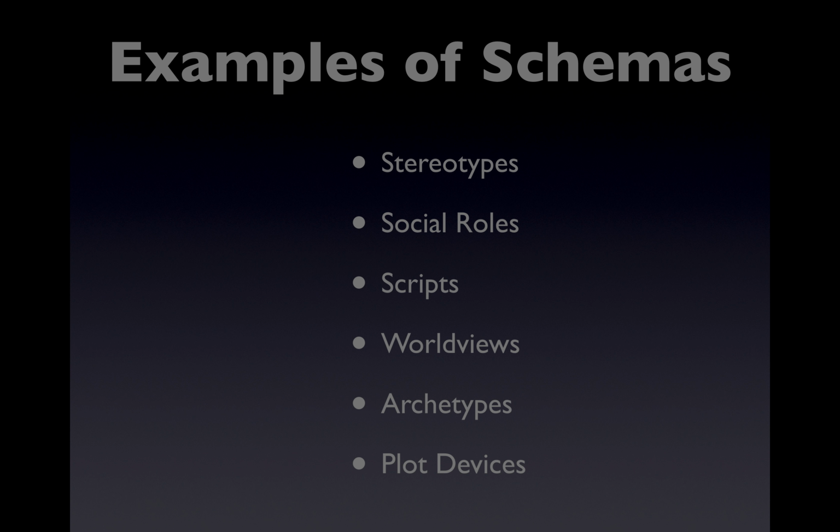And this is a good thing because it helps us navigate the world, but it also could have a dark side because it can affect your memory for things. And it can cause you, for instance, in the example of stereotypes, to make automatic assumptions about people based on some physical appearance. So here's some different examples of schemas and ways that schemas influence our thinking.